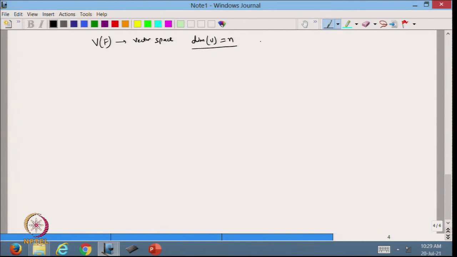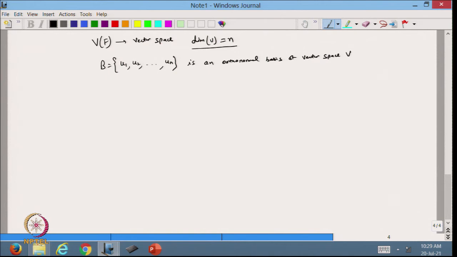So, it is a finite dimensional space over the field F. Now, what I do is that I take a basis B, u1, u2, up to un. Okay. So, let this be an orthonormal basis of the vector space V.